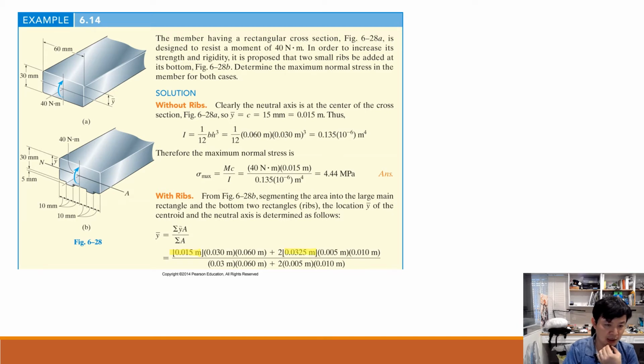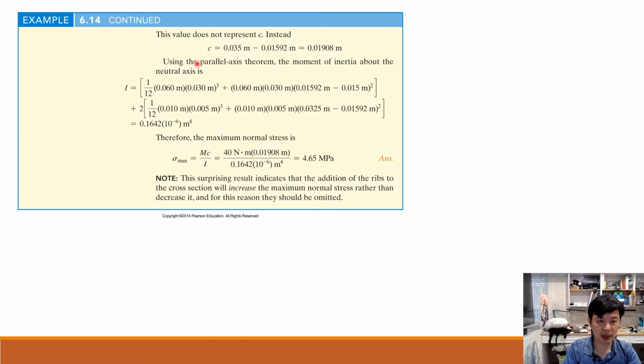You add 1 thickness and half of the thickness of the rib. Very tiny value for this one, and we times 2 because we have 2 pieces. After that, you get c as this value. This is the new centroid, and then we use this new centroid to determine our moment of inertia.